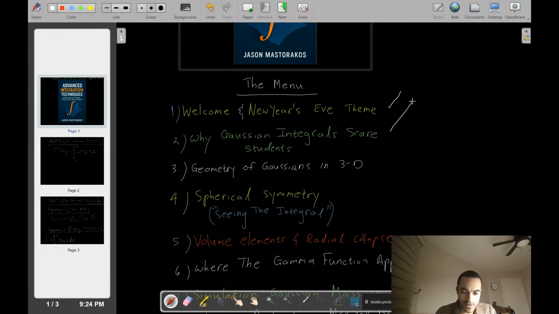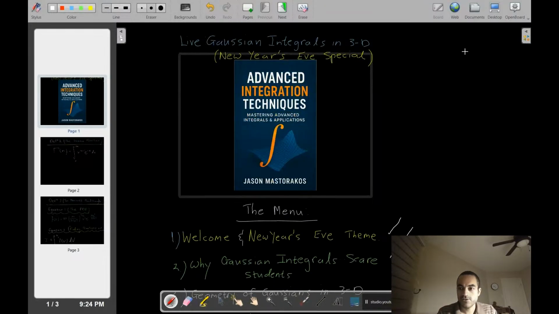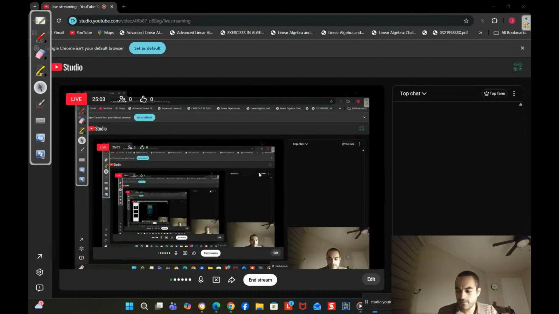What do I mean that it's a radial mess when it comes to Gaussians? So let's go back to the desktop. Okay, and we're going to look at something else here. Let's exit out, stop sharing, and we'll go right back.